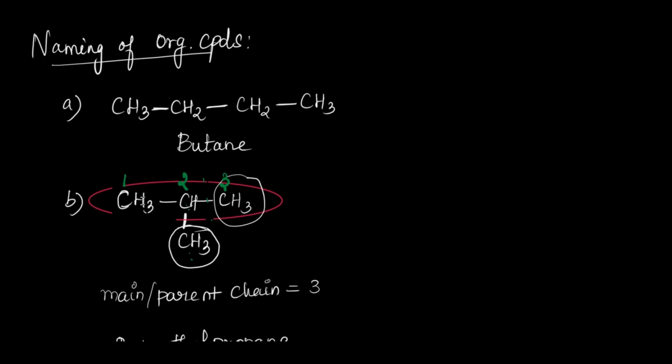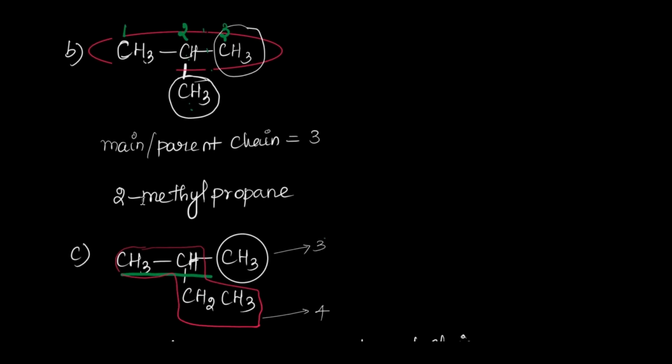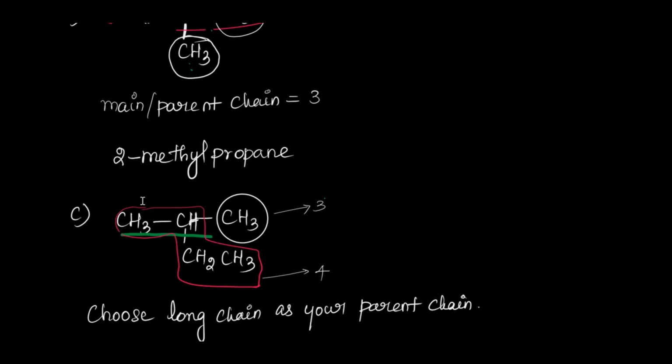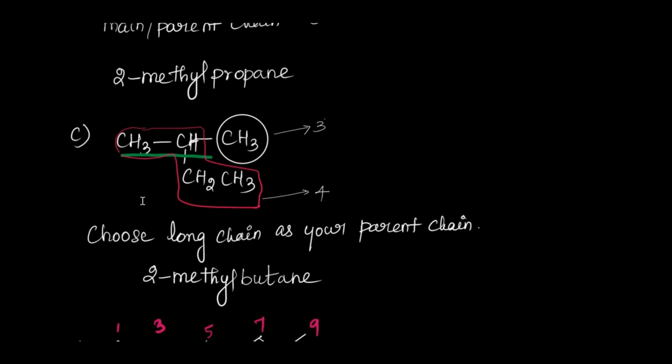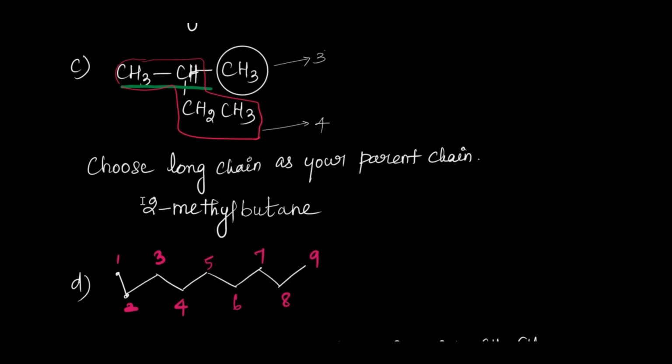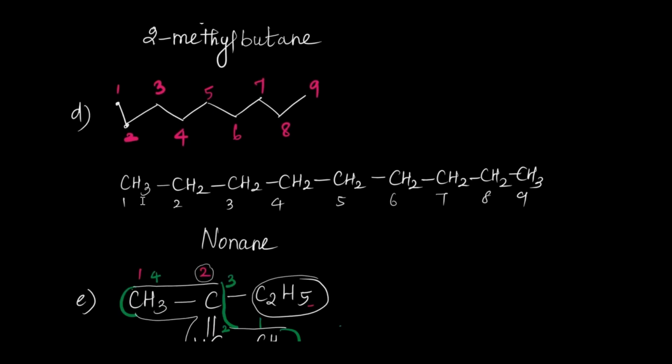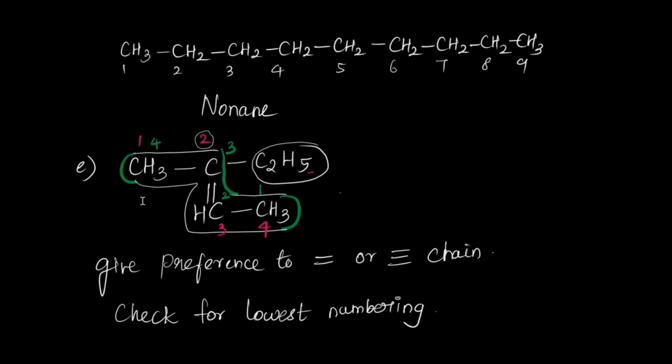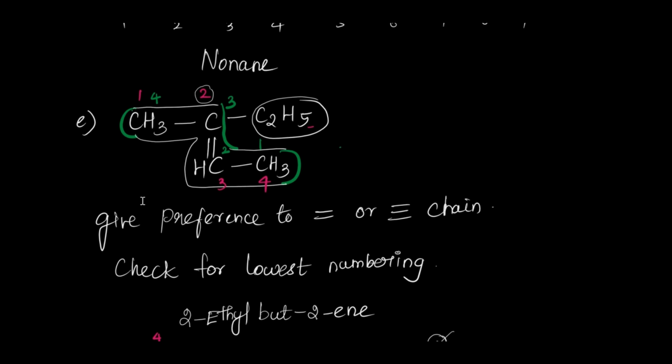Then start to name with the longest chain as your parent chain, and others are substituents. Give the lowest number to the substituent as much as you can. Like this. Give preference to the double bond or triple bond, if present in the chain, over the substituent.